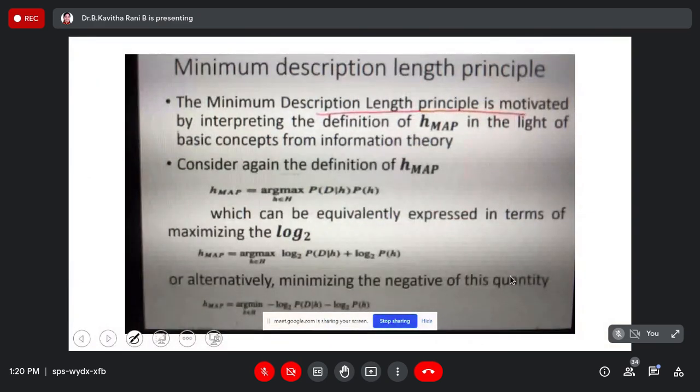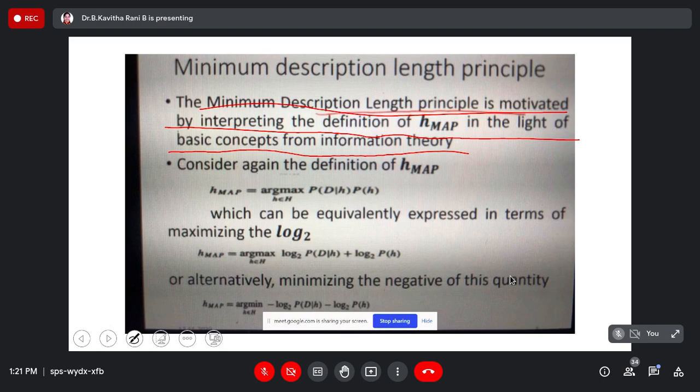So the minimum description length principle is motivated by interpreting the definition of HMAP in the light of basic concepts from information theory. So we have lots of hypotheses, but which hypothesis has the maximum probability of being true with the set of training examples, which is consistent with the set of training examples?